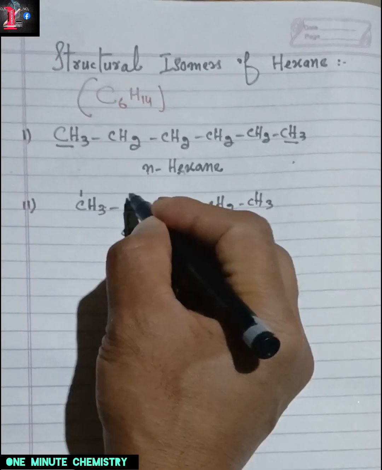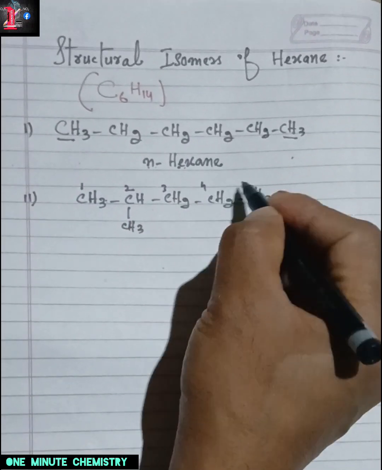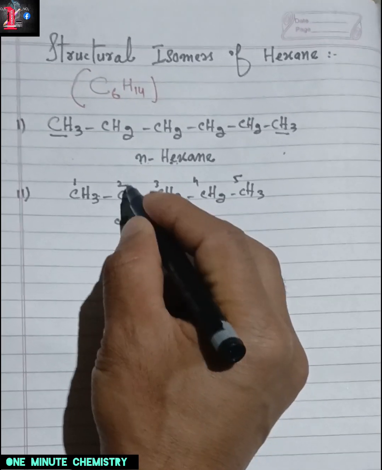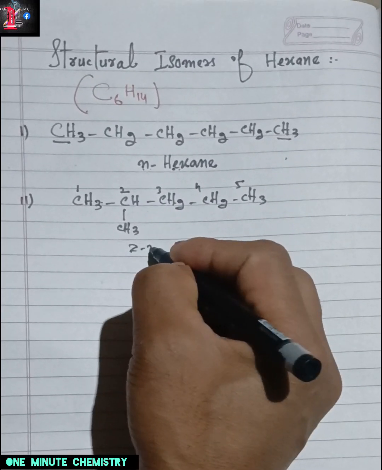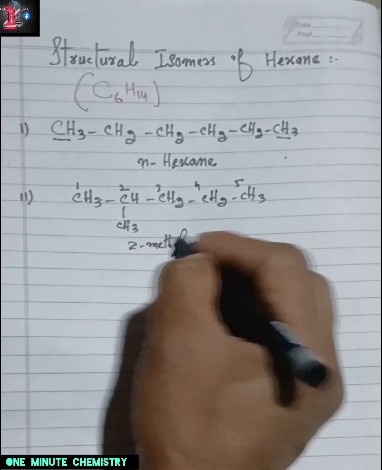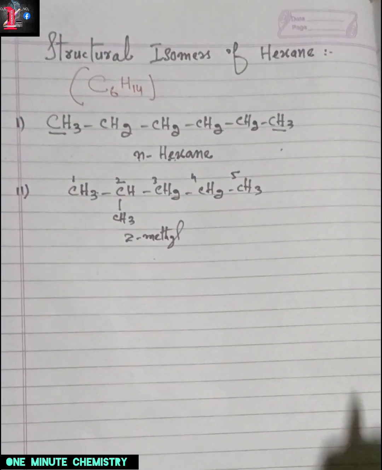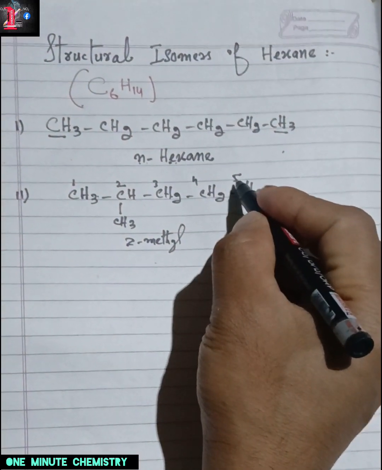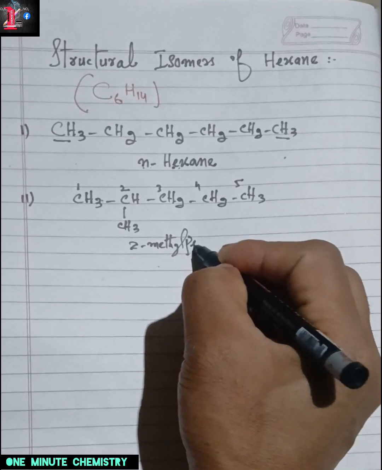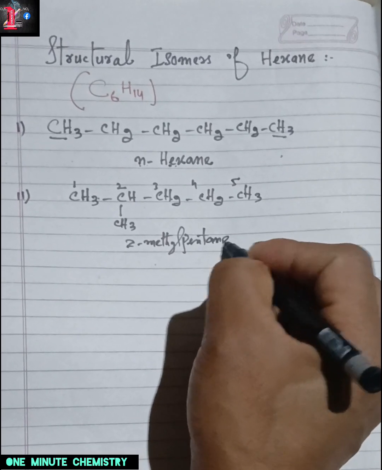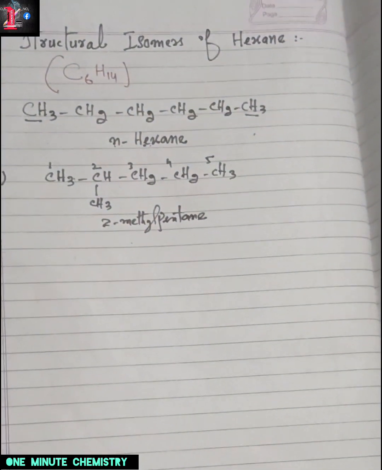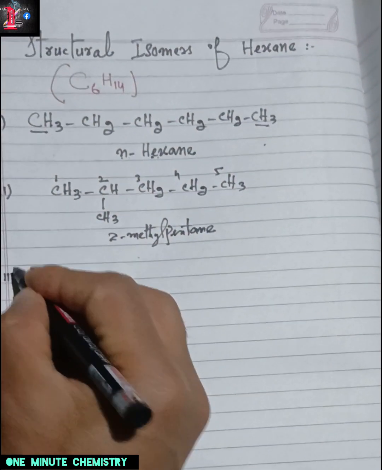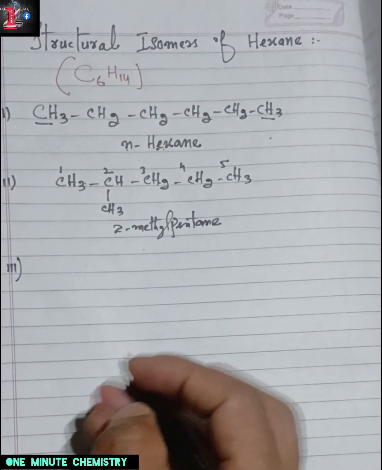So 1 2 3 4 5. We know that carbon number 2 contains the methyl group, so it becomes 2-methyl, and in the main chain there are 5 carbon atoms, so it becomes pent, and the single bond is there, so ane, so it is 2-methylpentane.